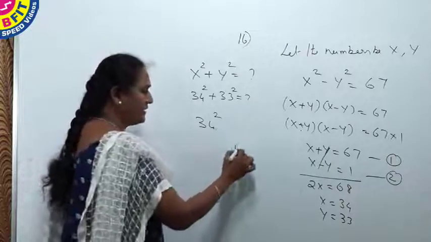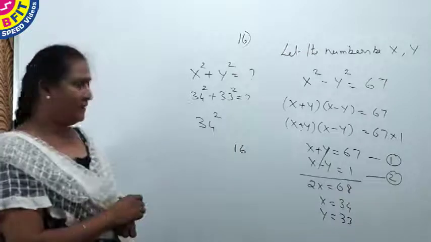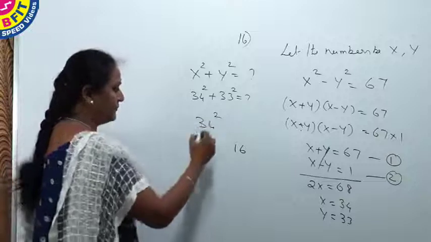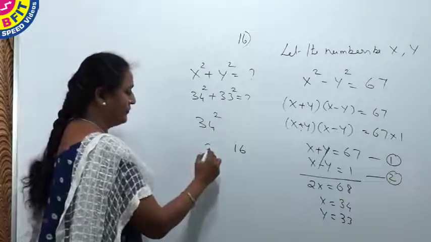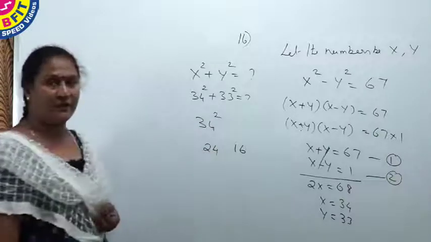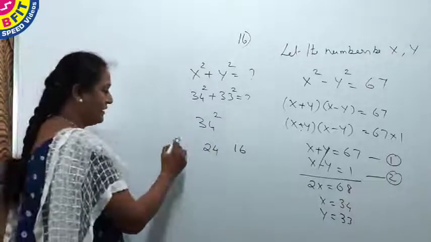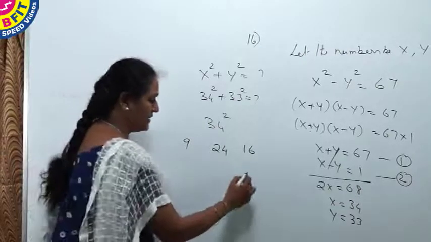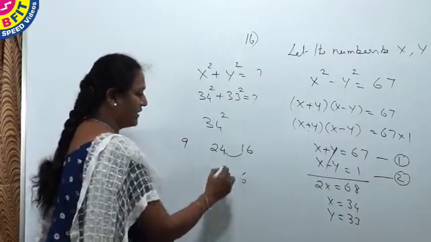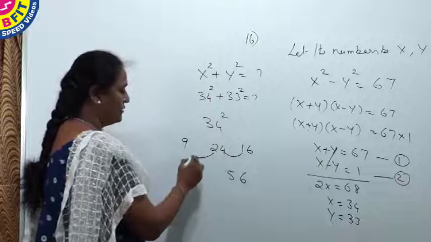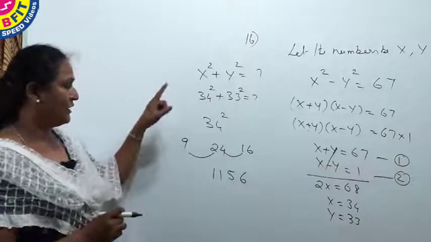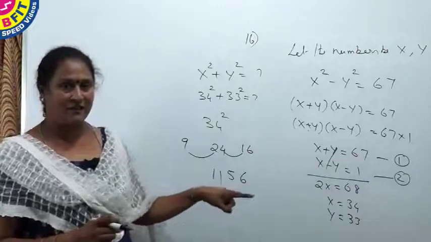So first write the square of 4, 16, and then 2ab, so it is 2 into 3 into 4, 24, and the square of 3, 9. So now collecting the answer, write 6, then 1 is added with 4, it is 5, 2 is added with 9, it is 11. So the square of 34 is 1156.